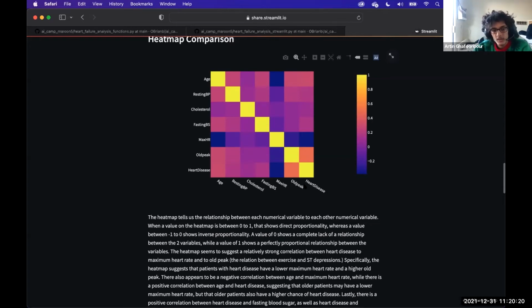The color gradient on the right corresponds to some value between 1 to -1, with -1 being an inverse proportional relationship and 1 being a directly proportional relationship, and 0 shows no relationship at all. All numbers in between those values show varying degrees of correspondence.